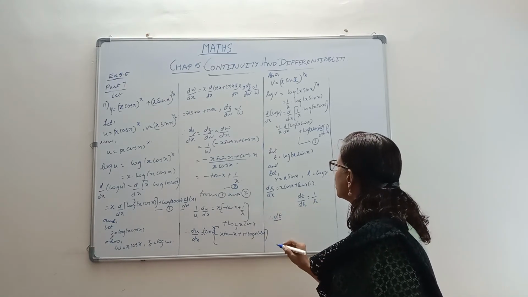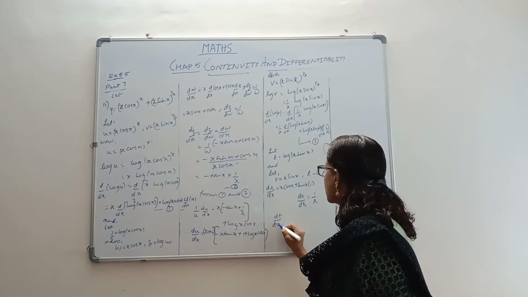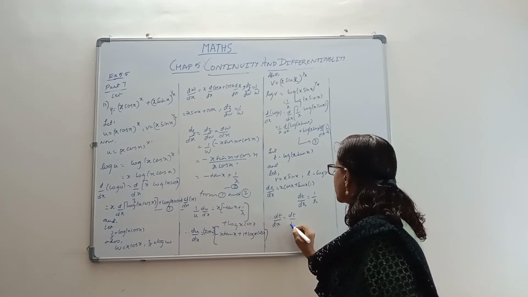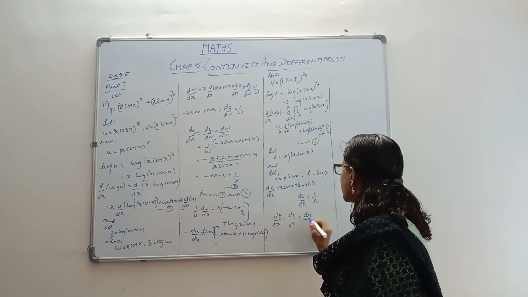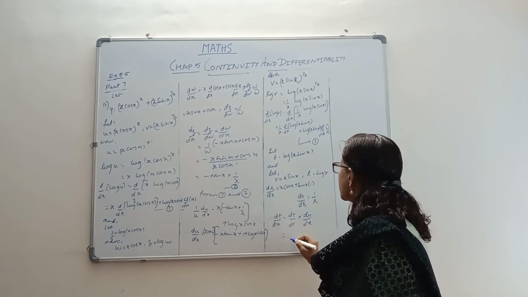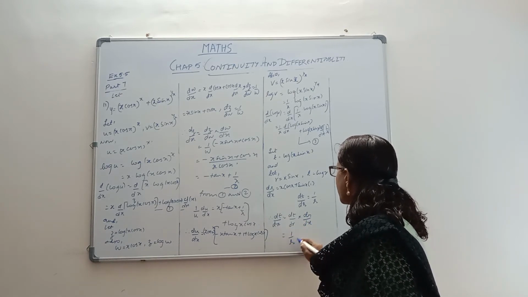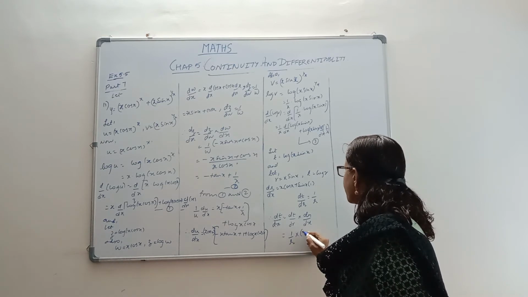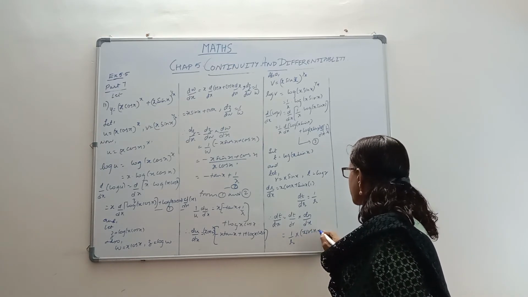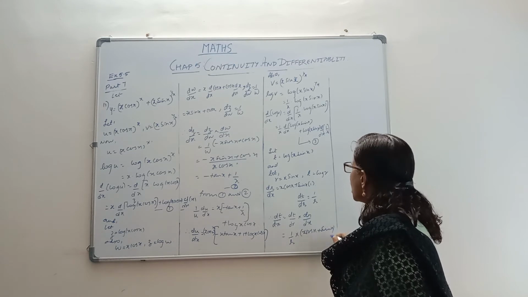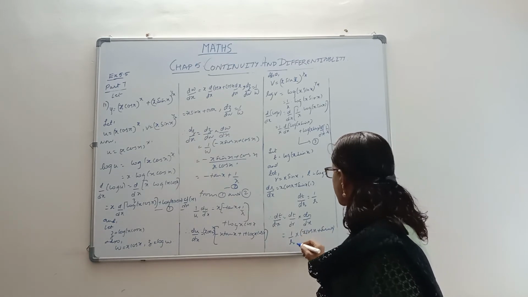We require dt by dx. So that is dt by dr into dr by dx. Dt by dr for us is 1 by r, and dr by dx for us is x cos x plus sin x.